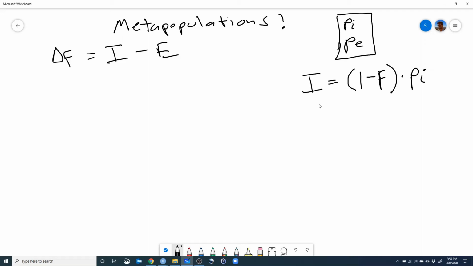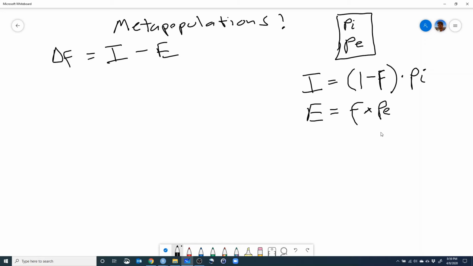And we can do the same thing with E. E is the total fraction of the metapopulation that becomes extirpated in a given year. And that is even easier. We just take the total occupied patches and we multiply that by the per patch probability of becoming extirpated. So that's a multiplication if you didn't know.